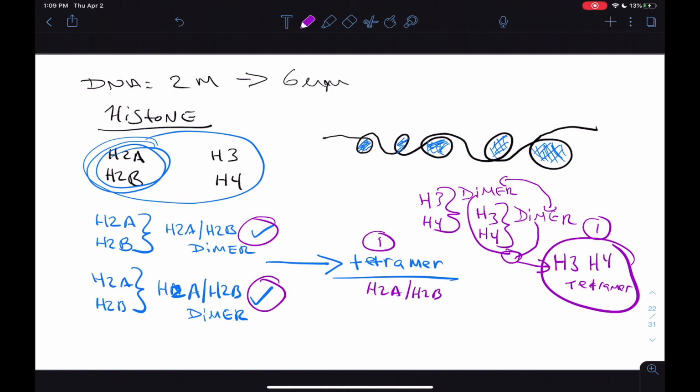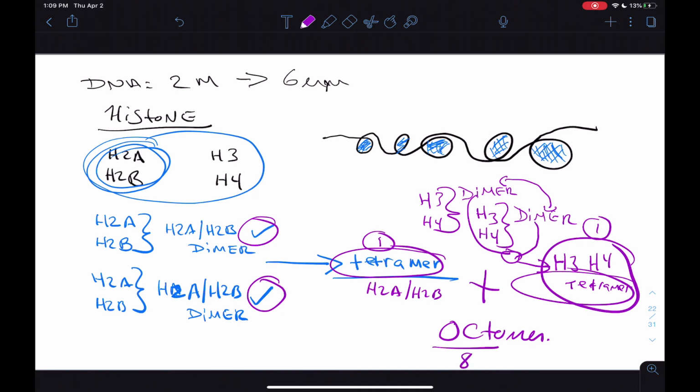Okay, so what ends up happening is this tetramer and this tetramer combine. They will combine to form an octamer. Oct means 8.